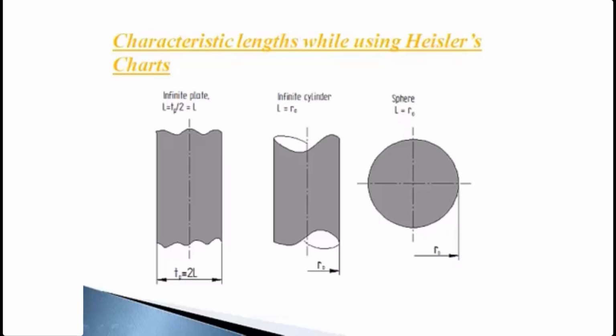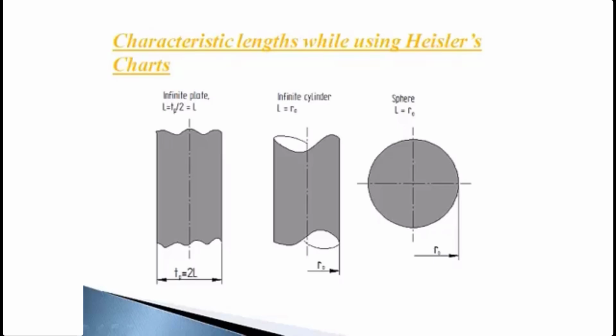And we are here talking about an infinite plate. Why is it an infinite plate? Because the temperature should vary only in the thickness direction. So if it's infinitely large, there will not be variation in the other directions. The shortest distance from the midplane of the plate to the surface is half the thickness.